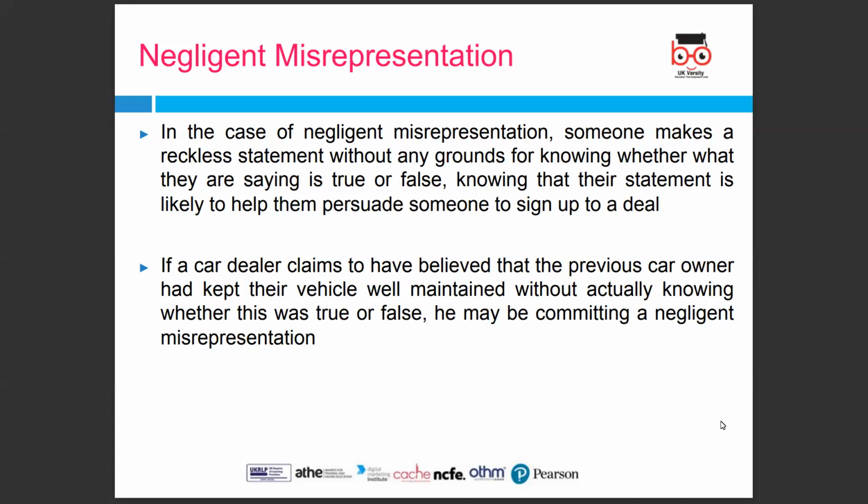This claim was established firstly in the case of Hedley Byrne and Company Limited and Heller and Partners Limited, 1964, where there must be a special relationship between the parties, so that a duty of care arises.